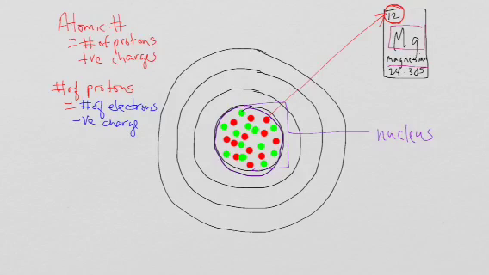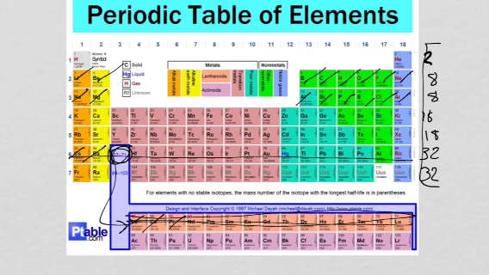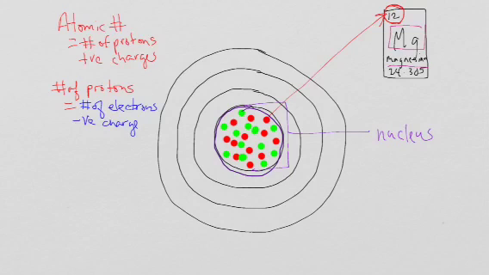The way that this works in terms of the number of electrons that go on each orbit has everything to do with the number of elements on each period. So in that first orbit, we can only have a maximum of 2 electrons.